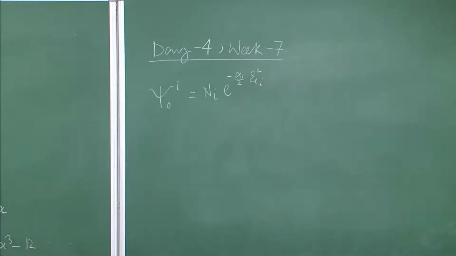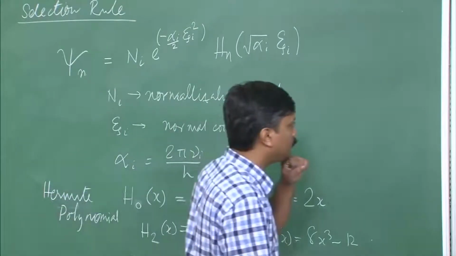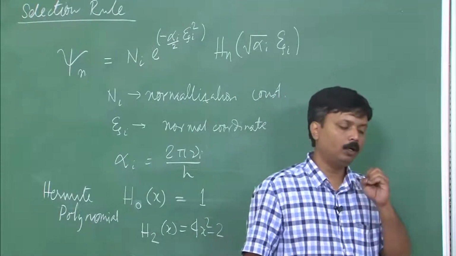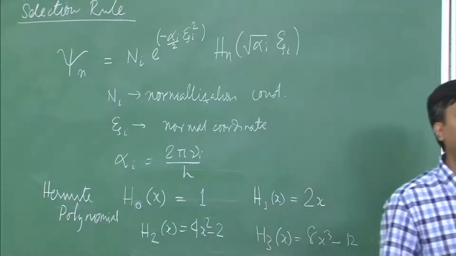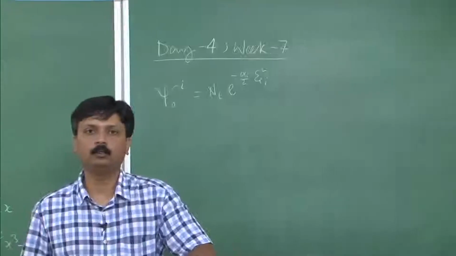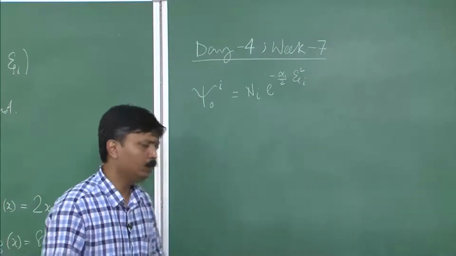Now at this condition, what is the symmetry of this particular function? Or in other words, which IR of the point group will this function at ground state transform as? So let us find out.